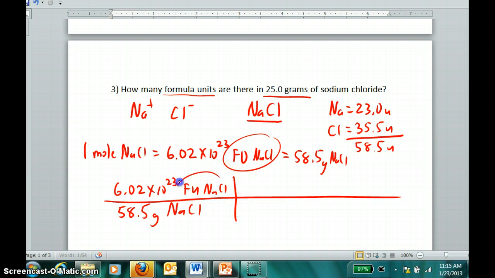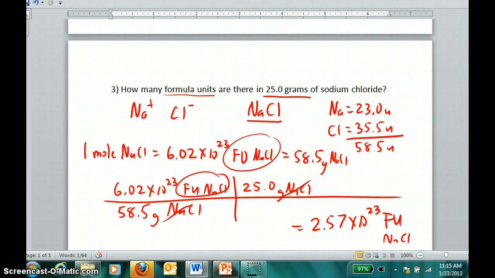And I'm done in one step to find formula units because all I need to do is cancel the mass of sodium chloride. And given this mass of sodium chloride, it easily cancels. And it gives me 2.57 times 10 to the 23rd formula units sodium chloride.